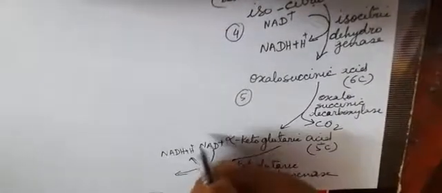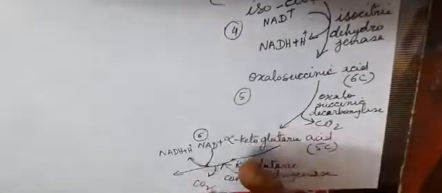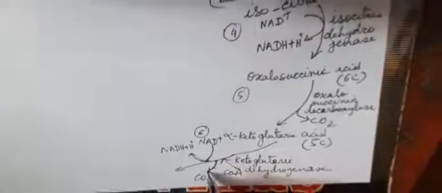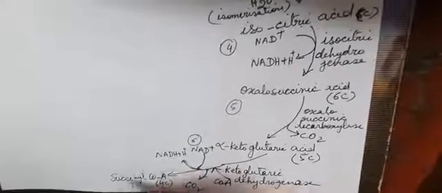So this is the sixth step. After losing the carbon dioxide and the hydrogen ions, it will become succinyl coenzyme A, which is the 4-carbon compound. Because it was 5 carbon, it lost 1 carbon as carbon dioxide, so it will become a 4-carbon compound.